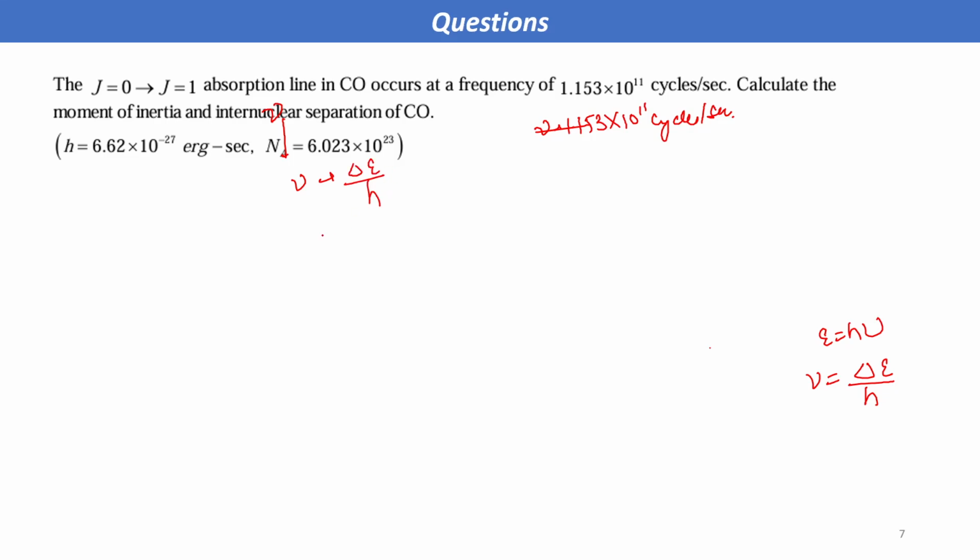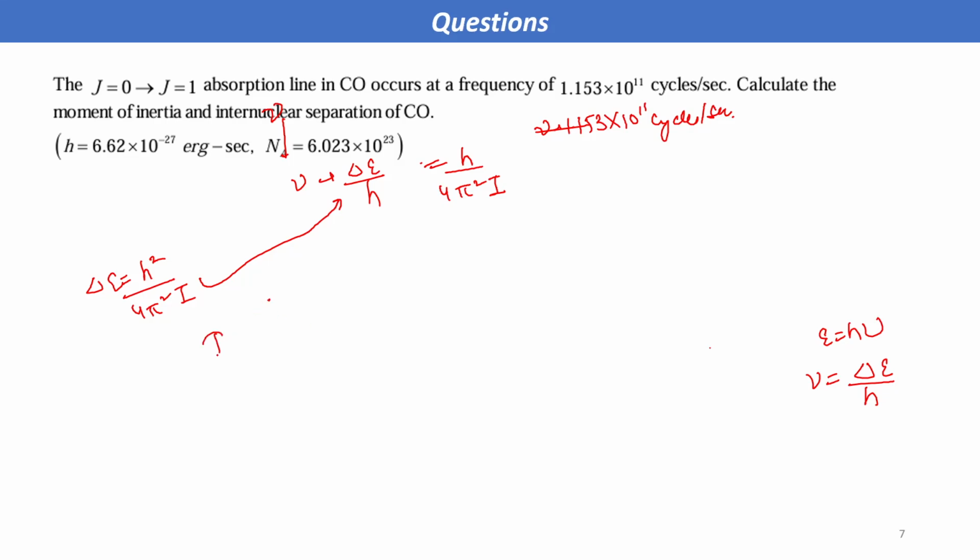Now we know that delta E is h square upon 4 pi square I. So we will substitute the value of delta E, and here it is h upon 4 pi square I, because h would cancel out. Now let's substitute the values.